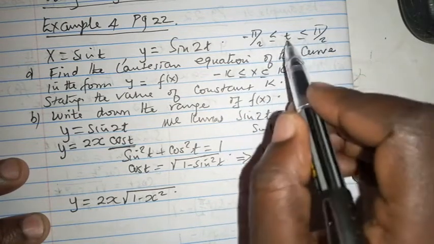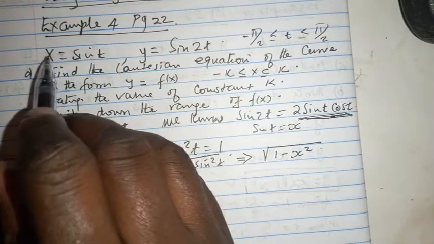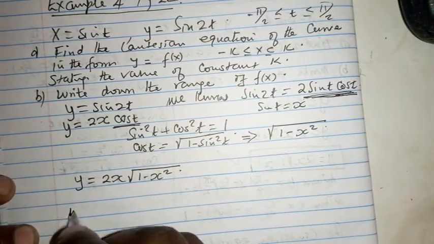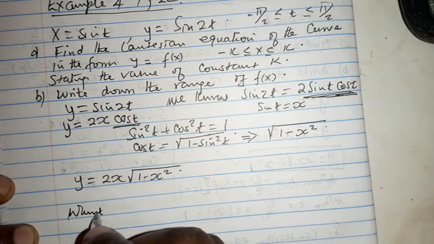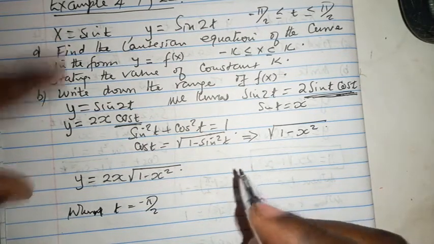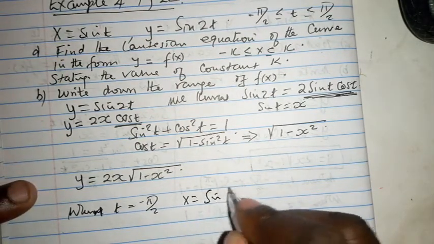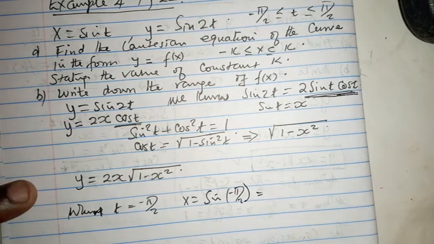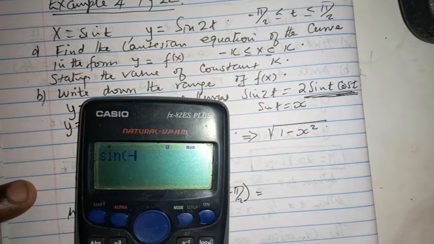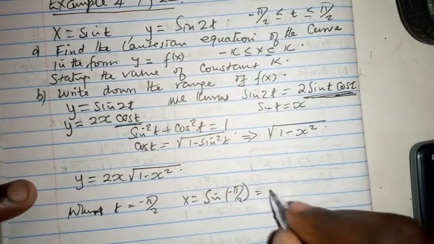We had these limits of t when our parametric equation was in terms of t. So we should have these limits of x when our equation is in terms of x. And therefore, when t was minus pi over 2, it is important to note that x is equal to the sine of minus pi over 2, which is negative 1.